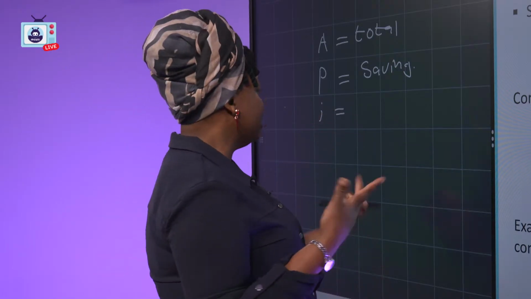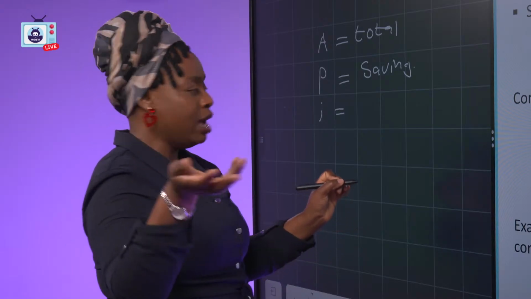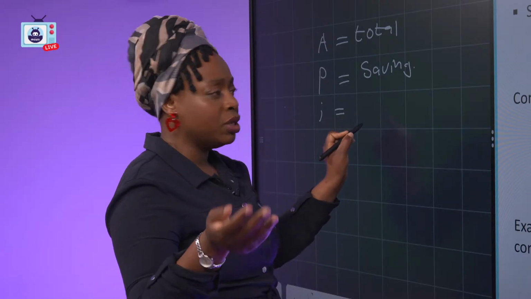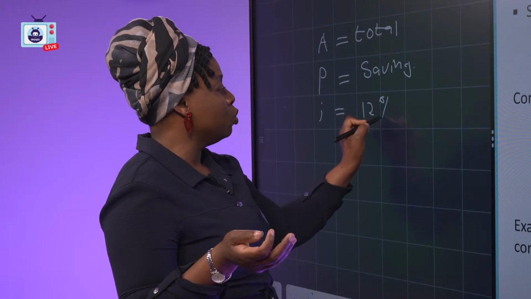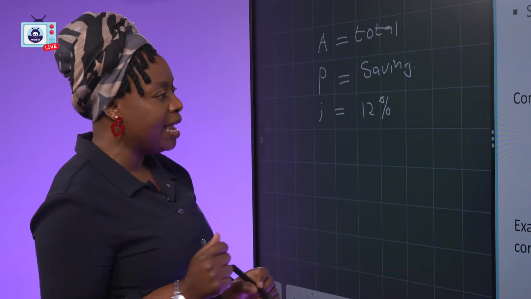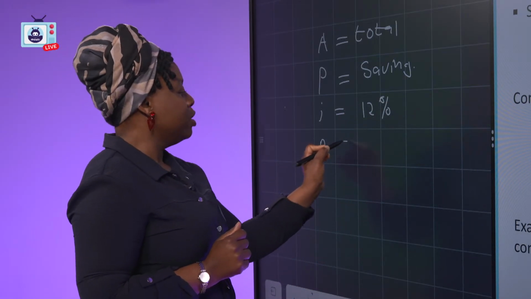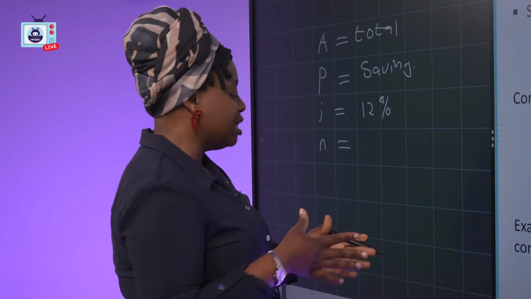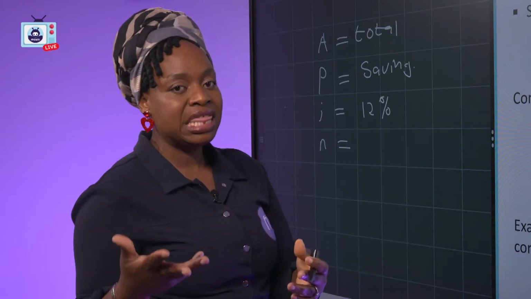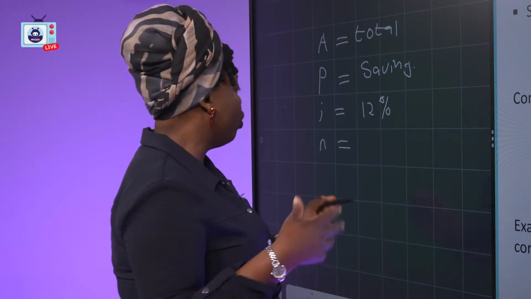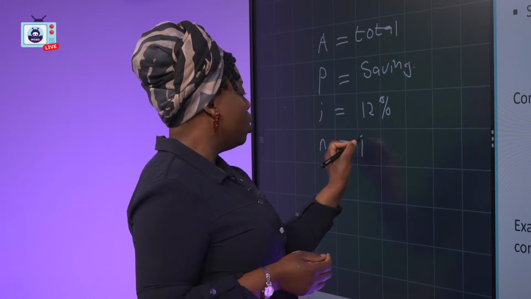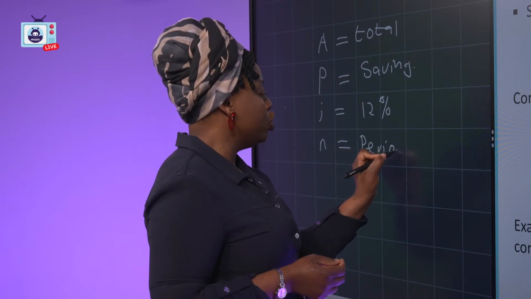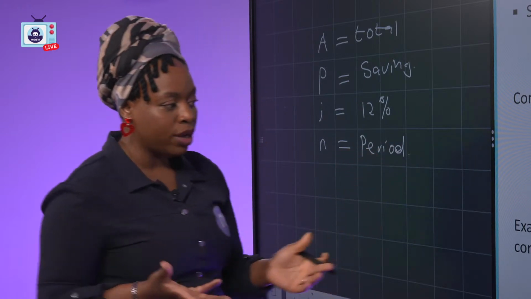Sometimes they can tell you you are putting money and then you're going to get like 12%, and that will be your interest rate, which is I. And then N represents your period. How long are you going to be investing? How long are you going to pay that loan back? Or how long are you going to be saving that money? That we call a period, which you can actually call how long.